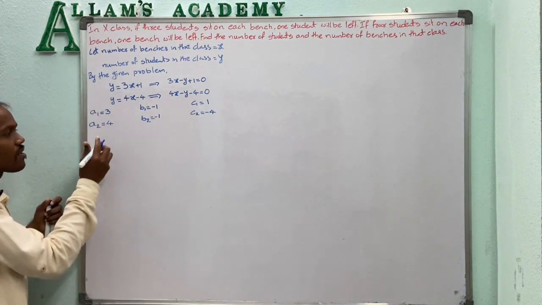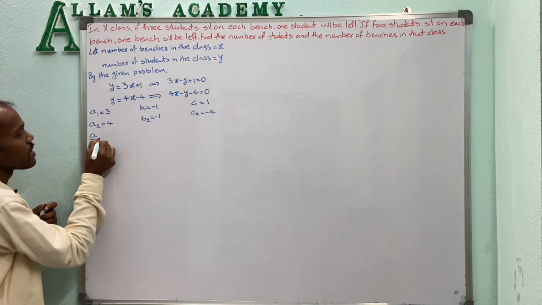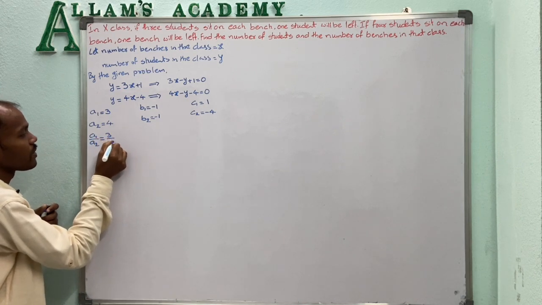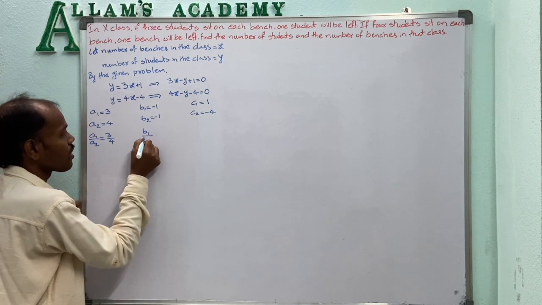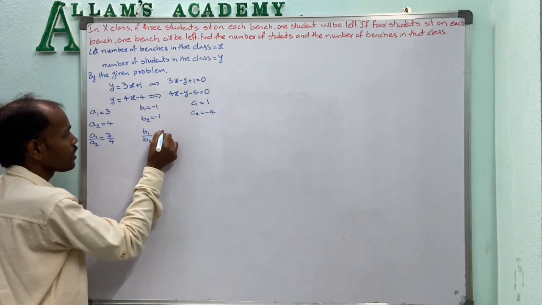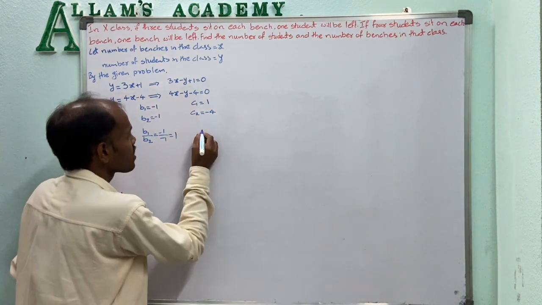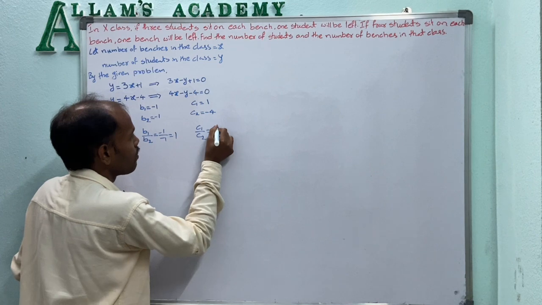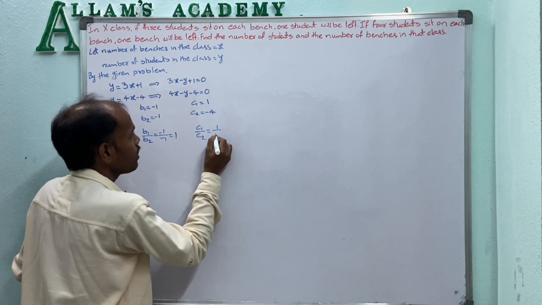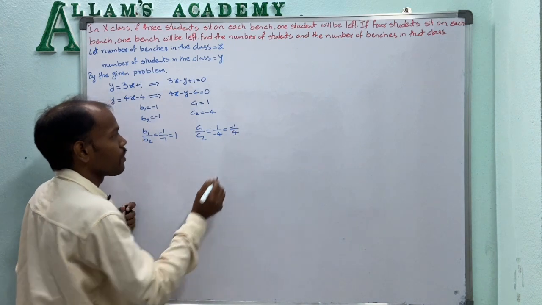Now the ratios: a1 by a2 equal to 3 by 4, and the y coefficients b1 by b2 equal to minus 1 by minus 1, that is nothing but 1. Next, the constant terms ratio c1 by c2, minus 1 by 4.